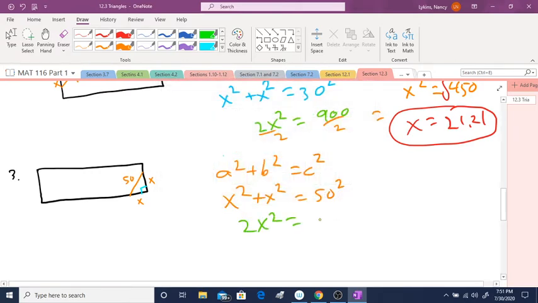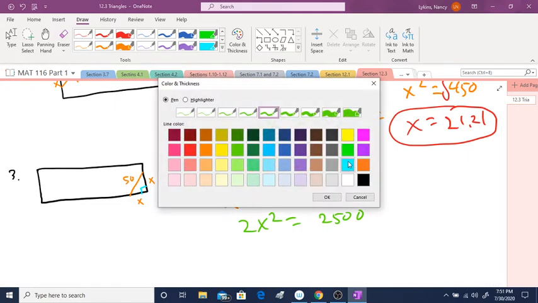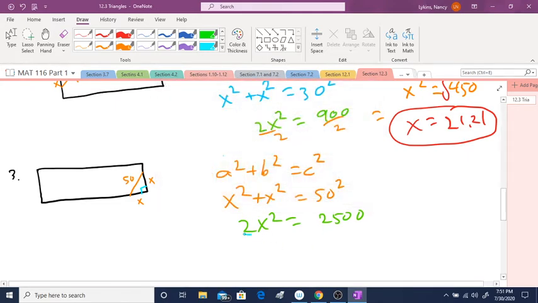2x squared equals 2500. Divide by 2. You get x squared equals 1250.